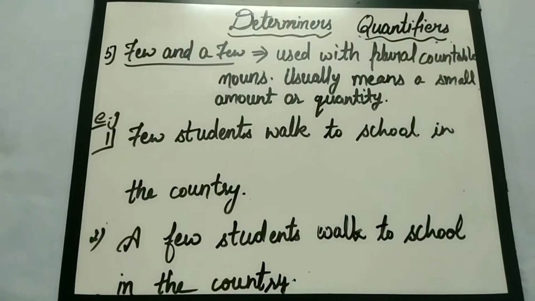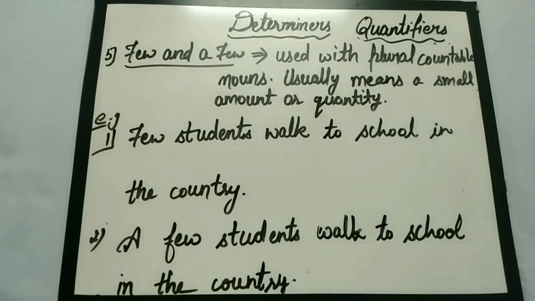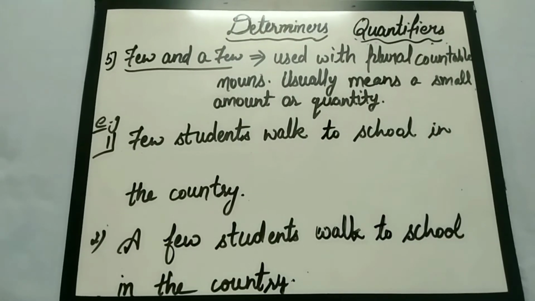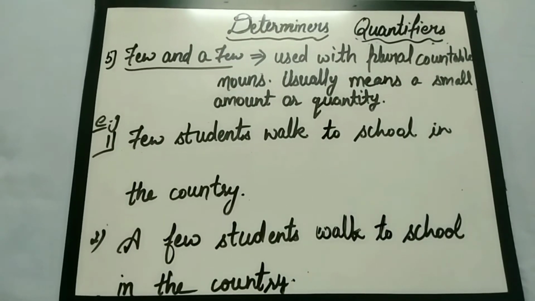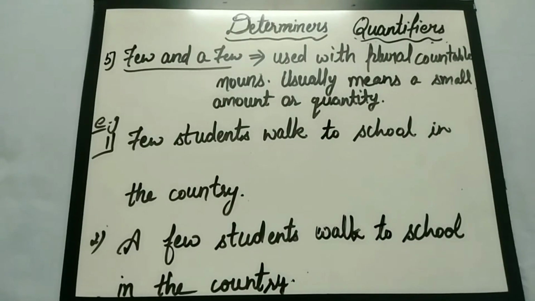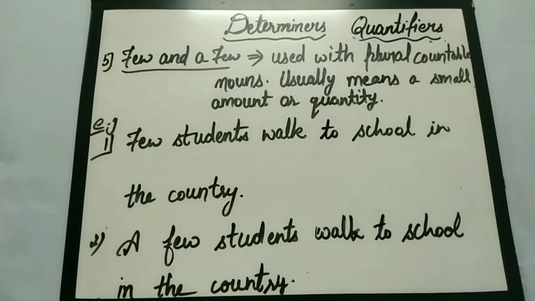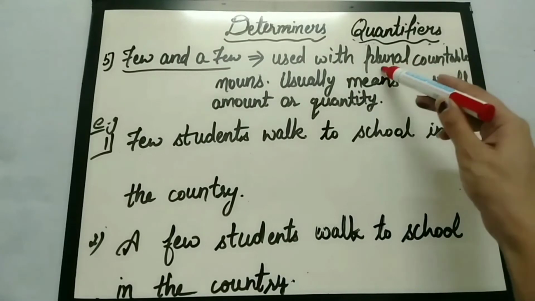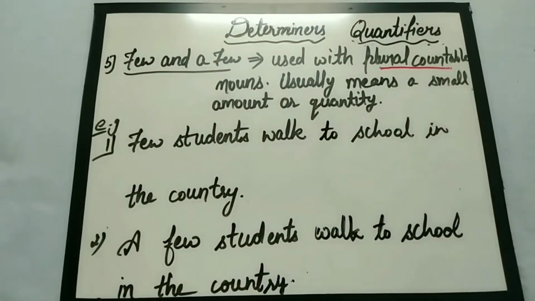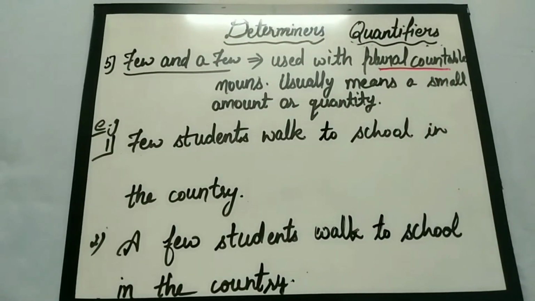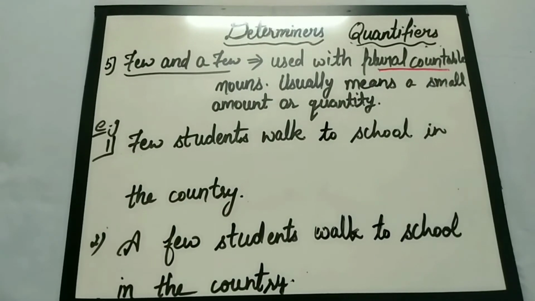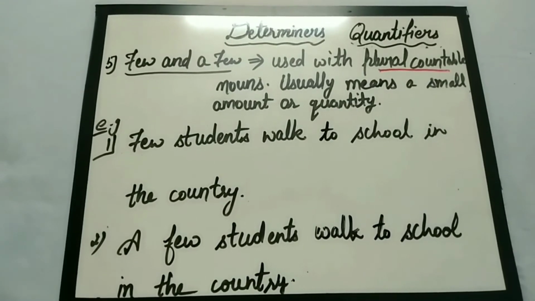So let's move to our next quantifiers, few and a few. Few and a few are used with plural countable nouns. They usually mean a very small amount or quantity of the noun.